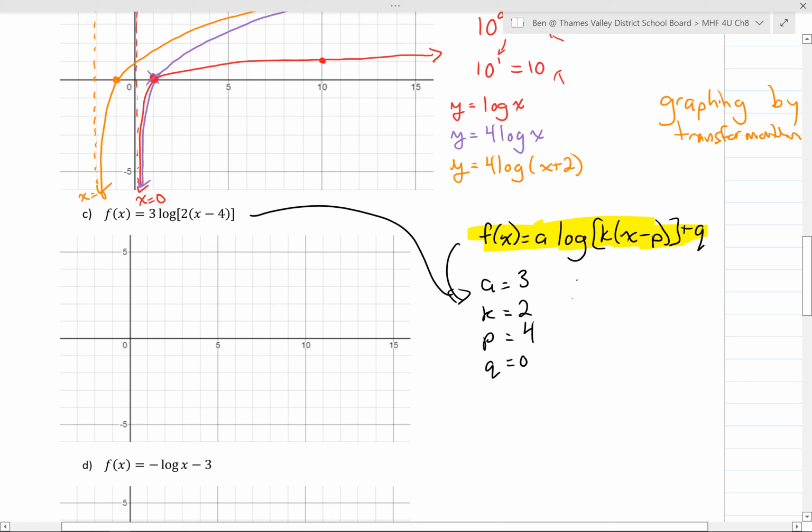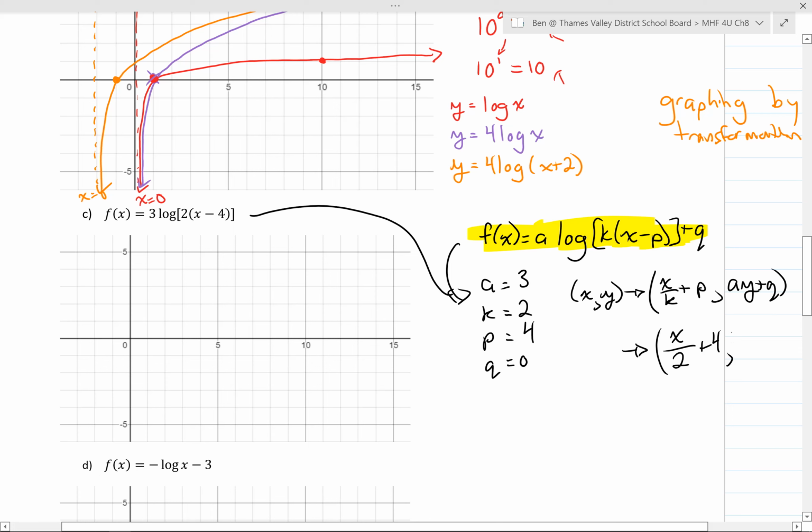Okay, so that means my mapping rule, (x, y) transforms to (x over k plus p, a y plus q). All right, so that means I'm working with x over k. Well, k equals 2, so x over 2 plus p, so that's plus 4.